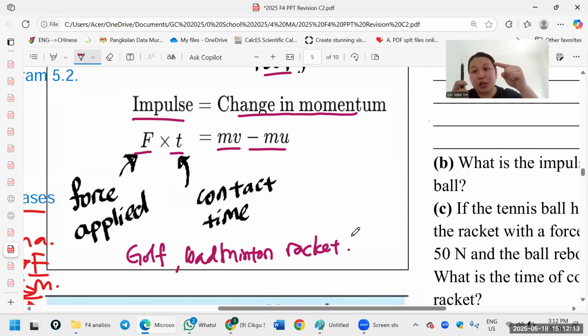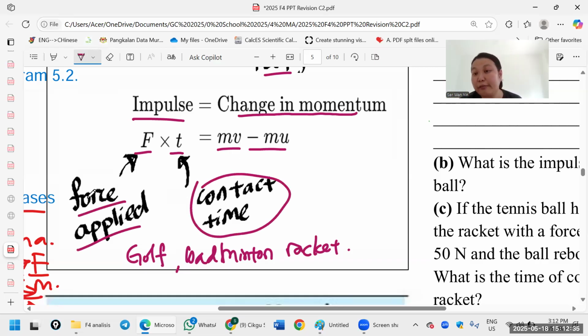When the shuttlecock reaches the racket, we take a longer time to swing. Why? Because we want to apply more force over a longer time. This action we call the follow through action.